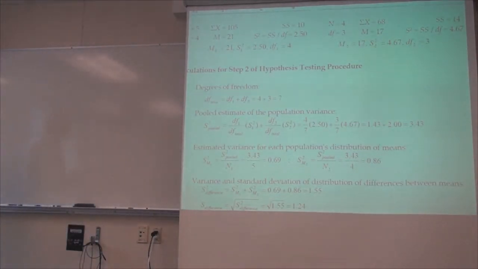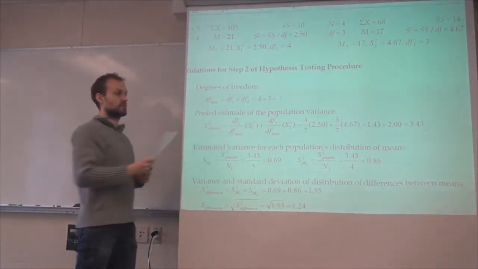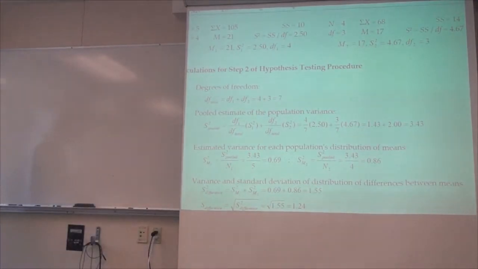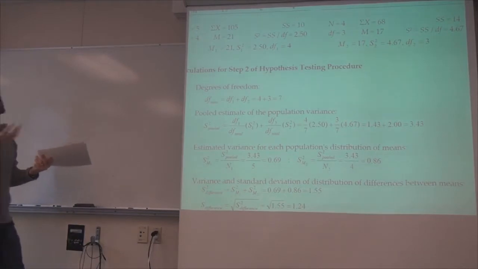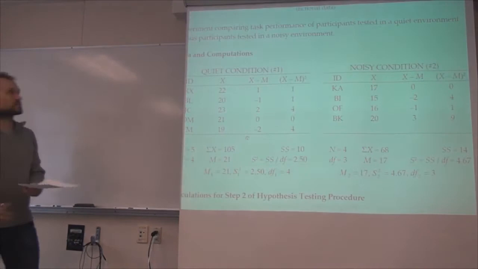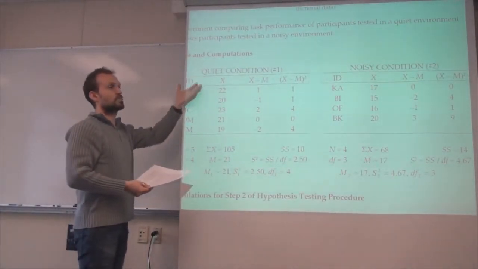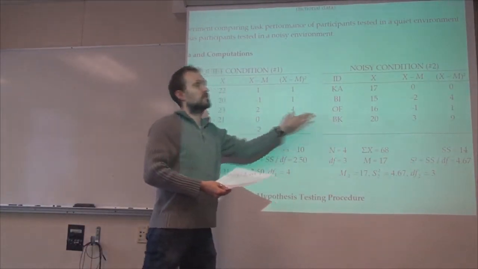So the pooled variance will be the estimate for my population variance. Now I need to again look at the two means and what are their distributions, each of the two populations. They're different: the people working in quiet conditions, the people working in noisy conditions.